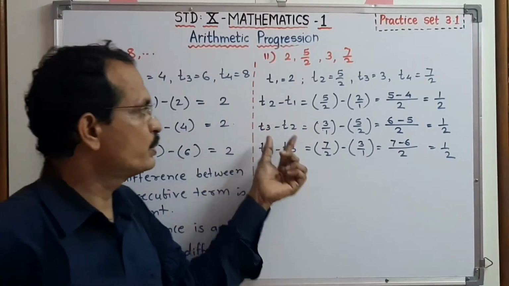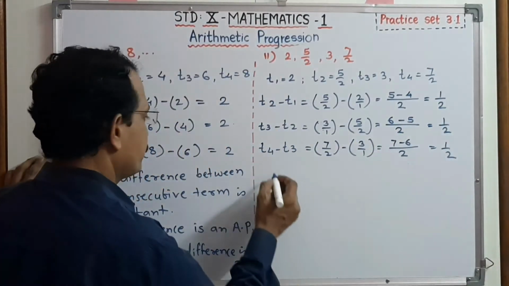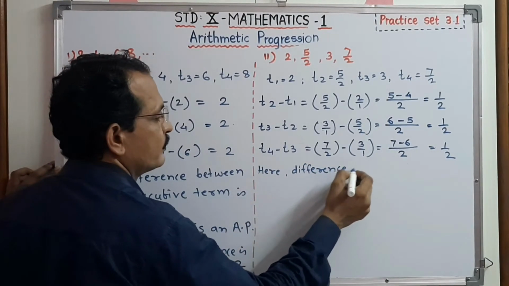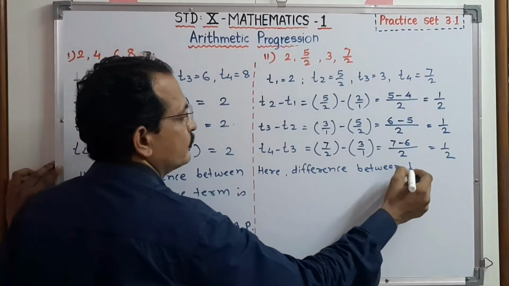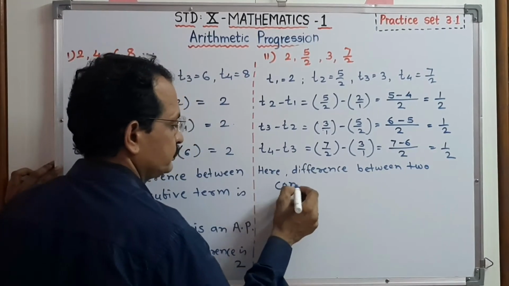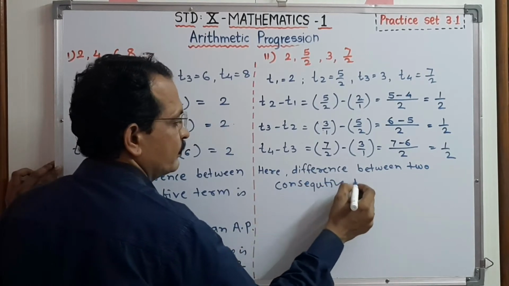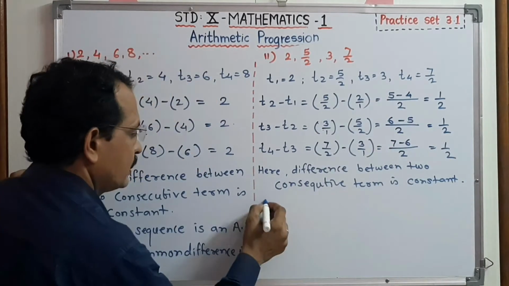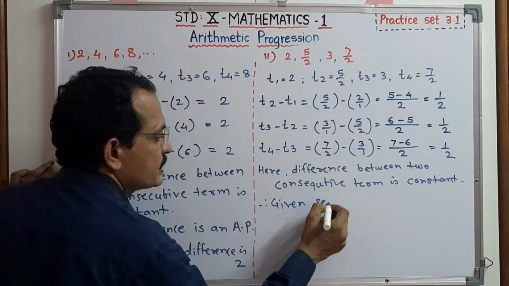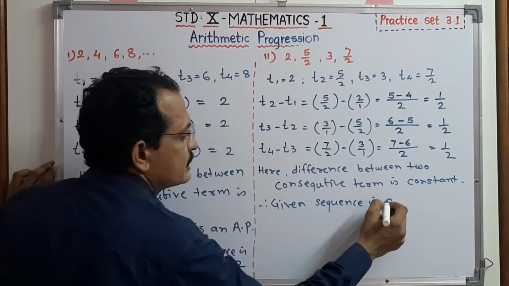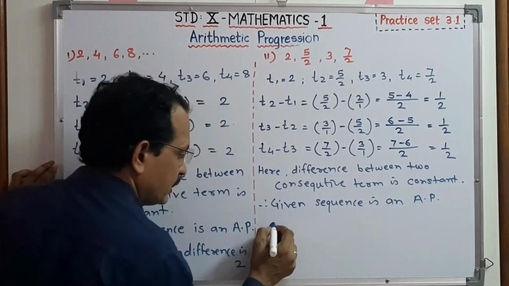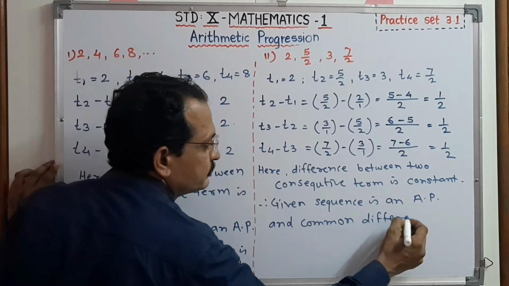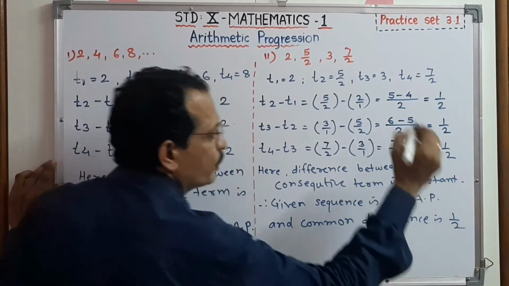See, the difference between two consecutive terms is a constant, therefore the given sequence is an AP and the common difference is 1 upon 2.